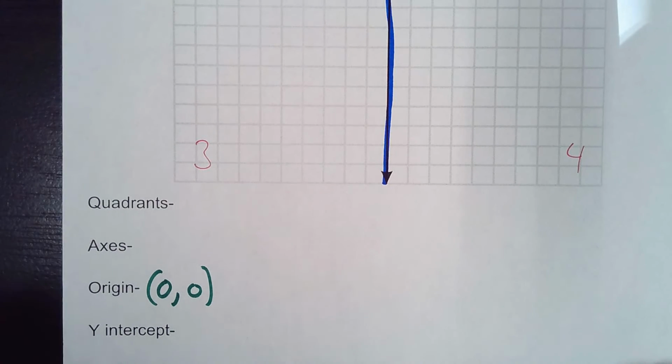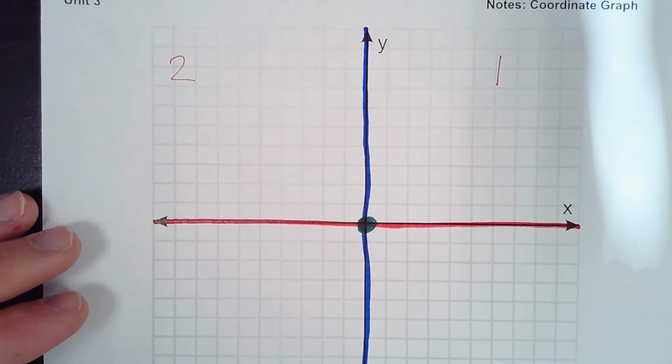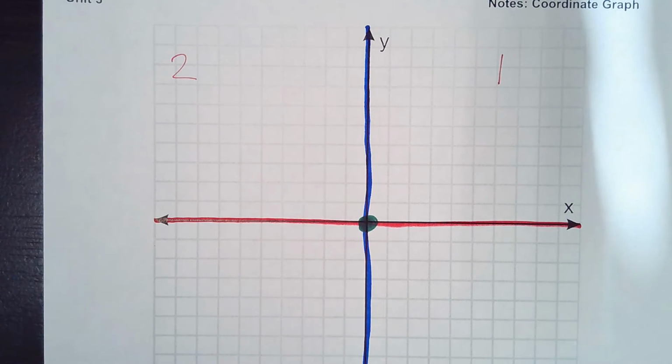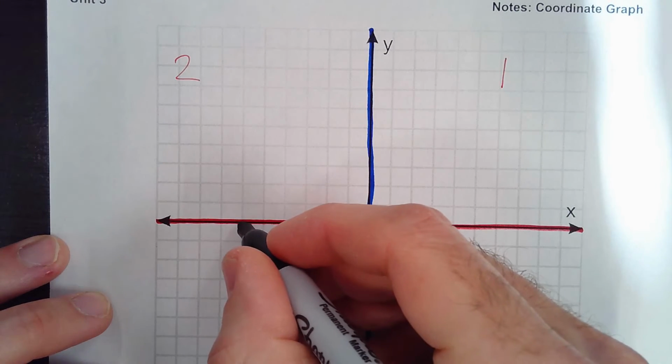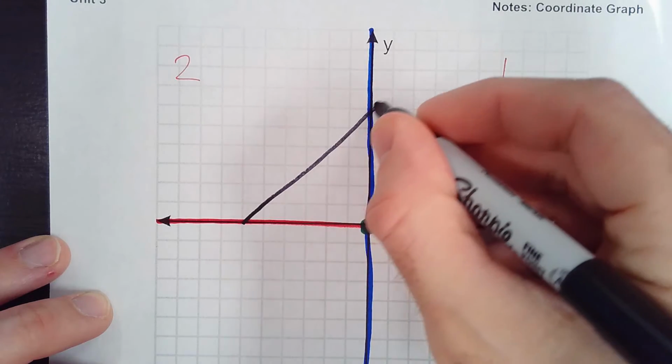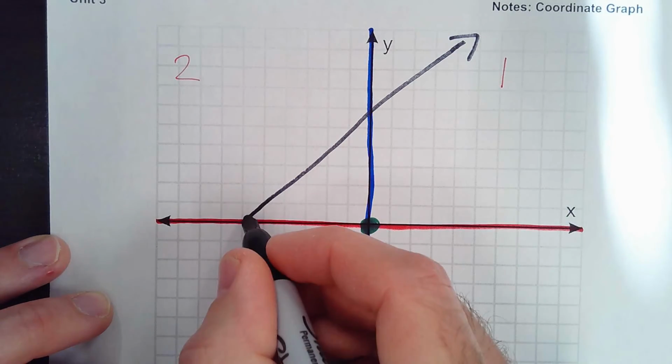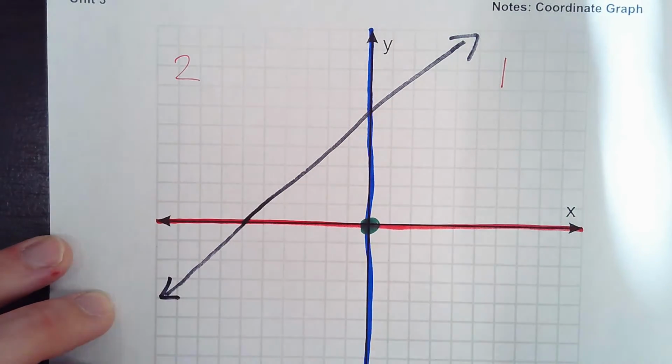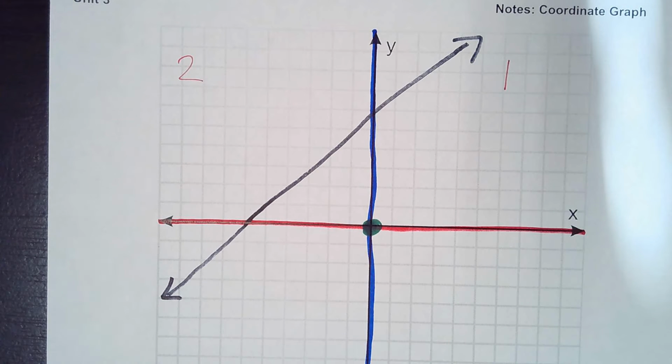Now, y-intercept and x-intercept. What is y-intercept and x-intercept talking about? So let's draw a line on our graph here and talk about what those locations are. If that's my line on my graph, there are an x-intercept and a y-intercept on there.